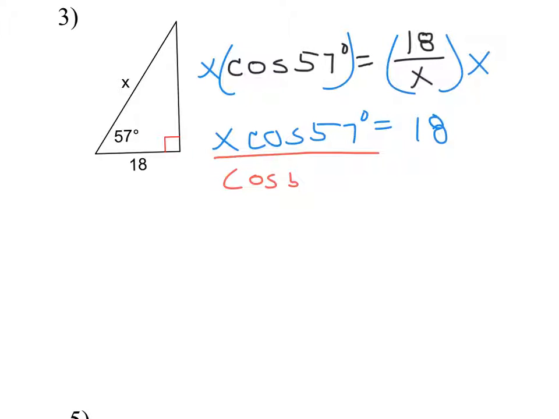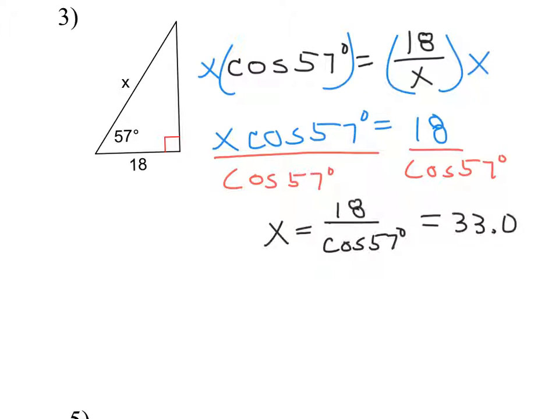When we divide by the cosine of 57 degrees on both sides, we get something we can put into our calculator, because the cosine of 57 degrees has an actual value. So 18 divided by the cosine of 57 degrees equals 33.0. And again, remember, we're trying to solve for this x, which is the length of the hypotenuse.